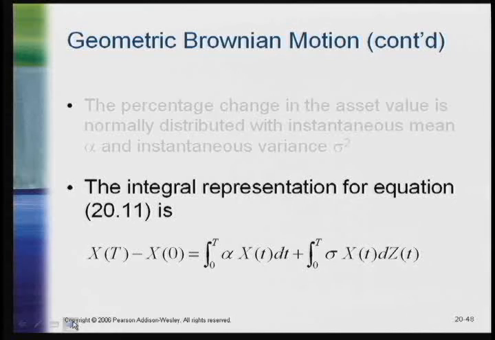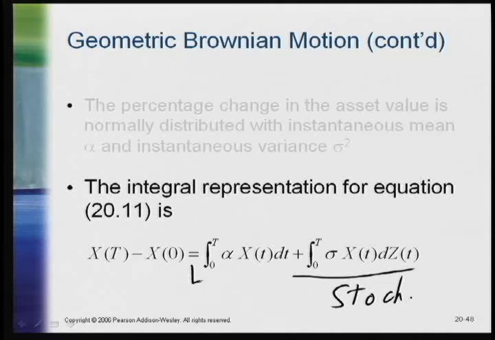There is an integral representation of this, and this is a case where both integrals are quite complicated. This is a stochastic integral, again, a very complicated version. This is actually technically not a stochastic integral. This is, in fact, a Riemann integral from calculus, but one has to be very careful in how it's evaluated because x of t is so complicated.